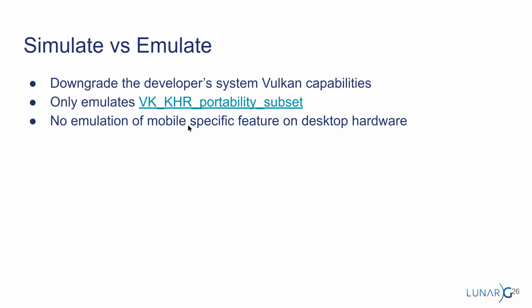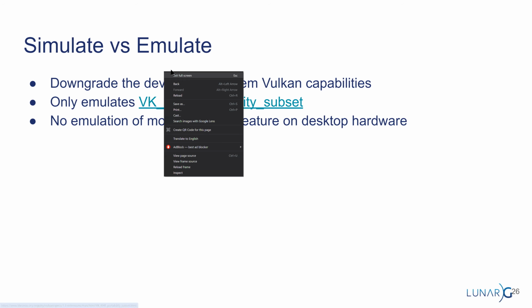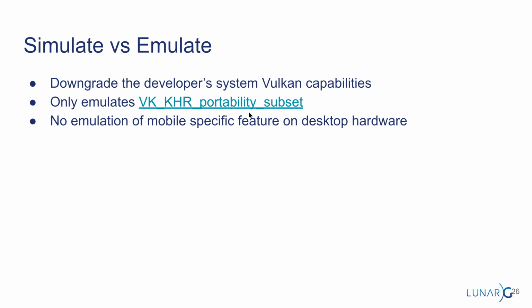There is only one extension that it actually implements, but it's a very trivial one, and it's the KHR portability subset extension. But the portability subset extension is just reporting the support of features to the application. So it's basically what the profile layer is always doing.